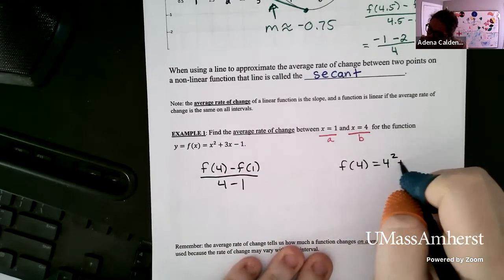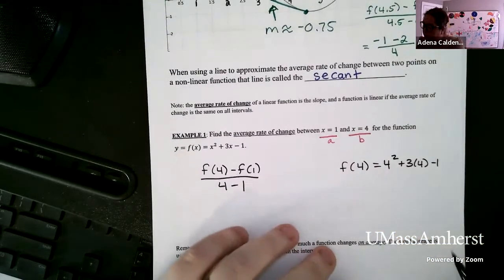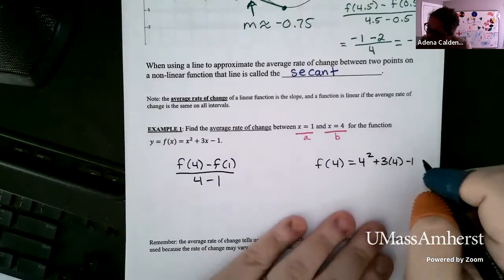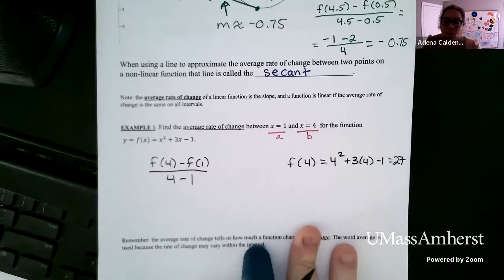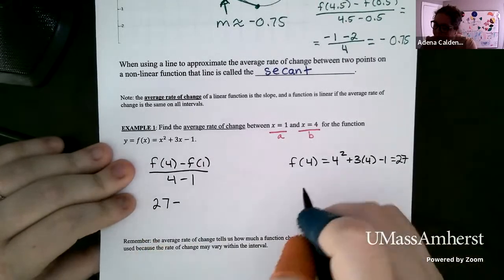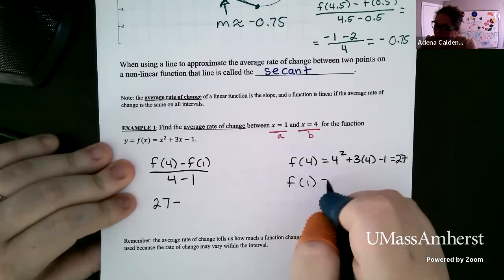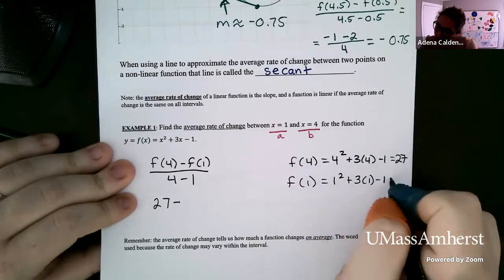So 4 squared plus 3 times 4 minus 1, right? So we have 16 plus 12, which is 28, minus 1 is 27. So f of 4 equals 27. So 27 minus, we're going to do the same thing for f of 1. So 1 squared plus 3 times 1 minus 1.